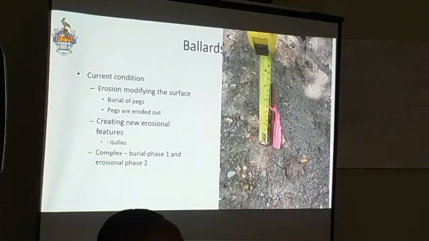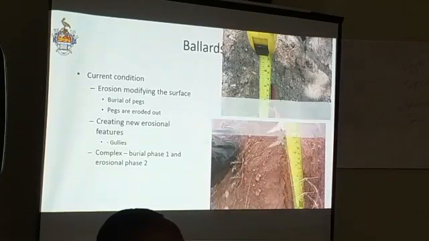The idea we have is that each time we see pegs that are buried or close to being buried, we will reset them to 20, so we can always have those pegs exposed. At each visit we know how much material has been deposited or eroded, and then we reset it for the next visit. So we have a control.